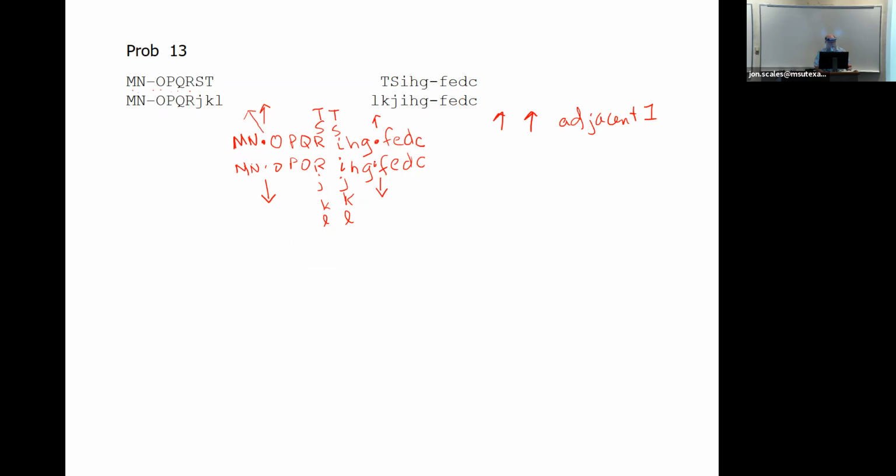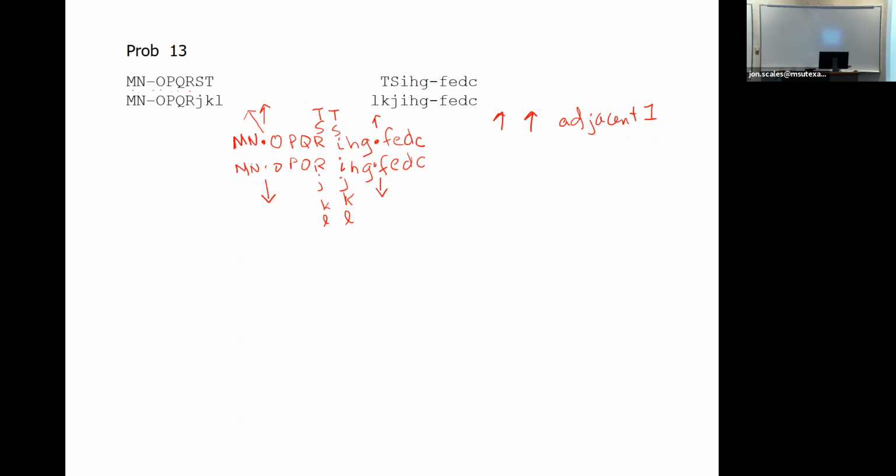Another possibility is this MN chromosome would get pulled to a cell, and this chromosome would get pulled to the same cell. It's a little hard to imagine, but what we're looking at is if we took those chromosomes and we were looking at them flat like this, now let's turn them and look at them like this.